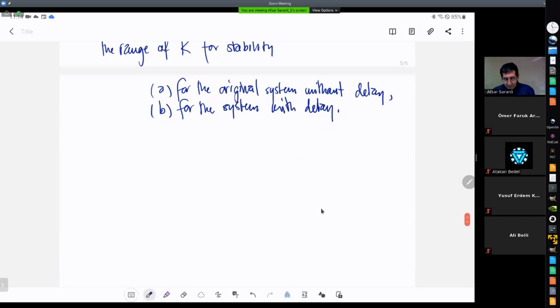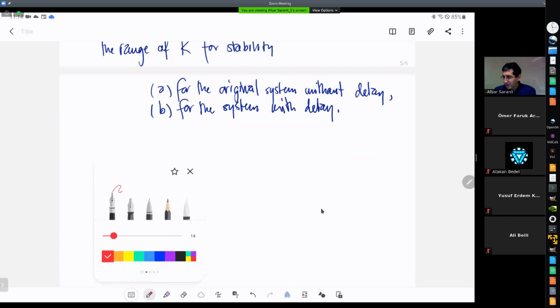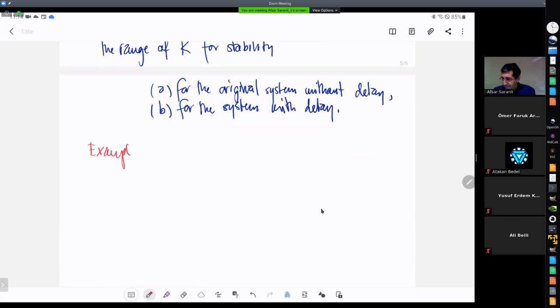Let me give you a sketch, and you can repeat this in MATLAB as well. Example. And for you to repeat in MATLAB or experiment with in MATLAB.